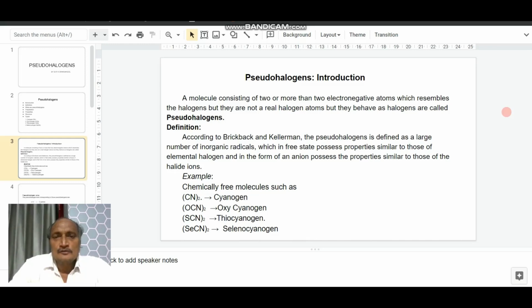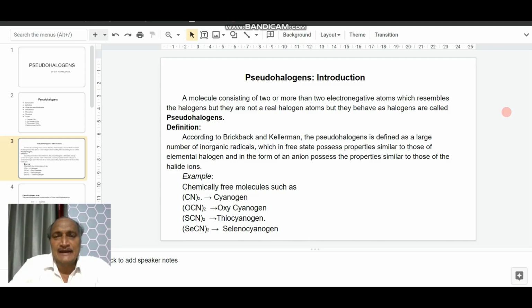According to Brickenbach and Kellerman, the pseudohalogen is defined as a large number of inorganic radicals which in free state possess properties similar to those of elemental halogen, and in the form of an anion possess properties similar to those of halide ions.